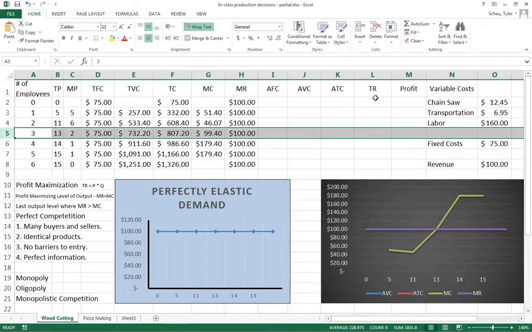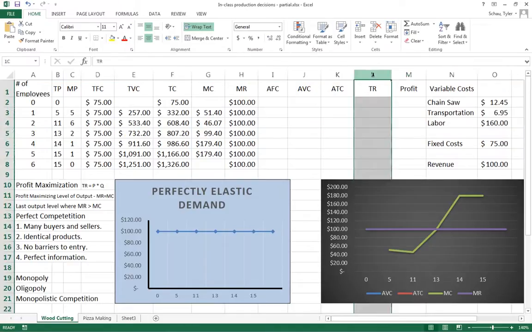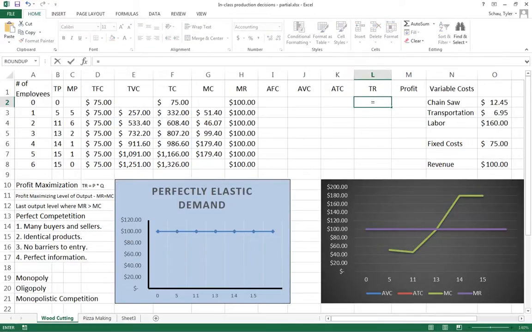Don't believe me? Let's go ahead and jump over to the total revenue column and take a look. Total revenue, remember, is price times quantity. So the marginal revenue is the price. I should explain that. I really haven't spent much time explaining marginal revenue. Remember, I said marginal means additional. If you sell 1 cord of firewood, you can sell it for $100.